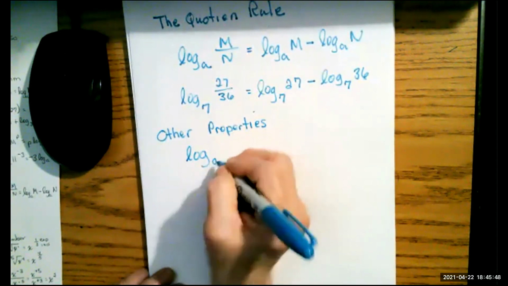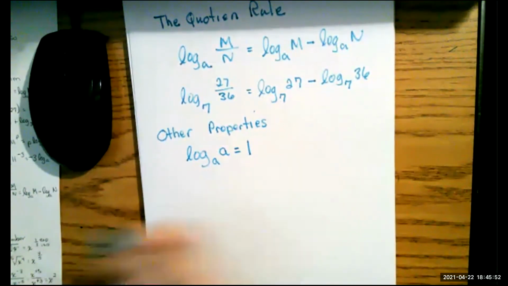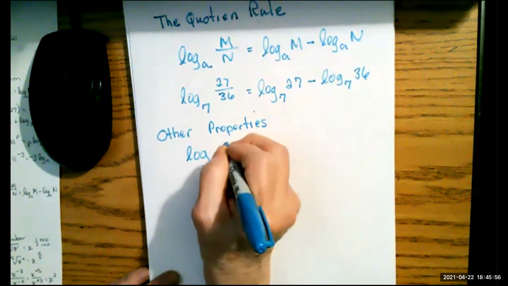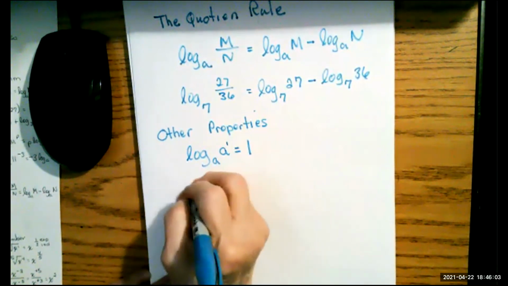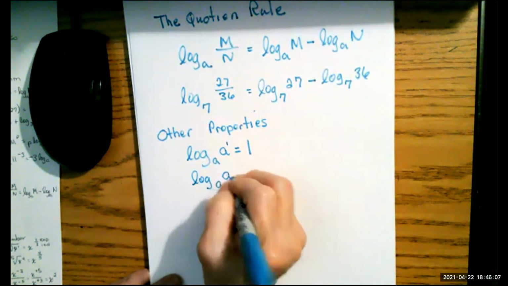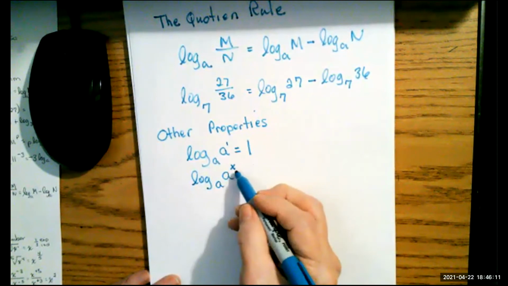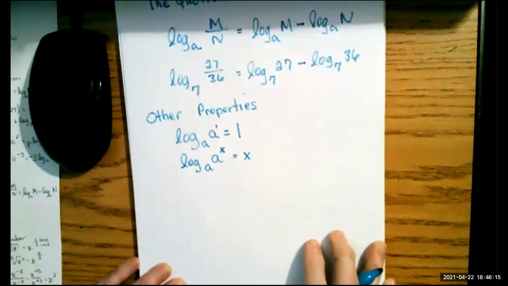These are some nice handy things to put down in your notebook in case you run across it. If your base and your log number match, your answer's 1. That's because there's an understood 1 exponent up there. There's another one that says if you have a as the base and a is the log number and any exponent up there, it's going to be whatever that exponent is.